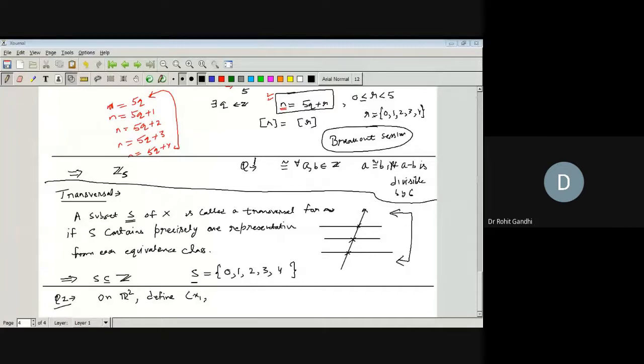Now, I am taking the set R square, and two elements are in relation with each other: (x1, y1) is in relation with (x2, y2) if and only if x1 square plus y1 square is equal to x2 square plus y2 square. Right?